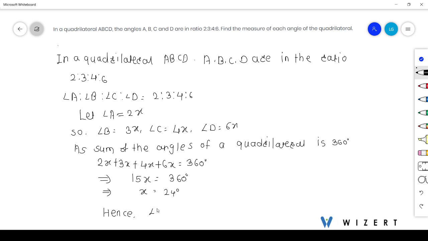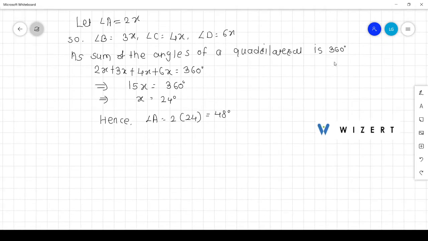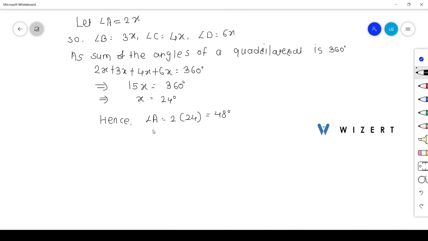Hence, angle A will be 2x, meaning 2 into 24, that is 48 degrees. Then angle B equals 3 into 24, that is 72 degrees.